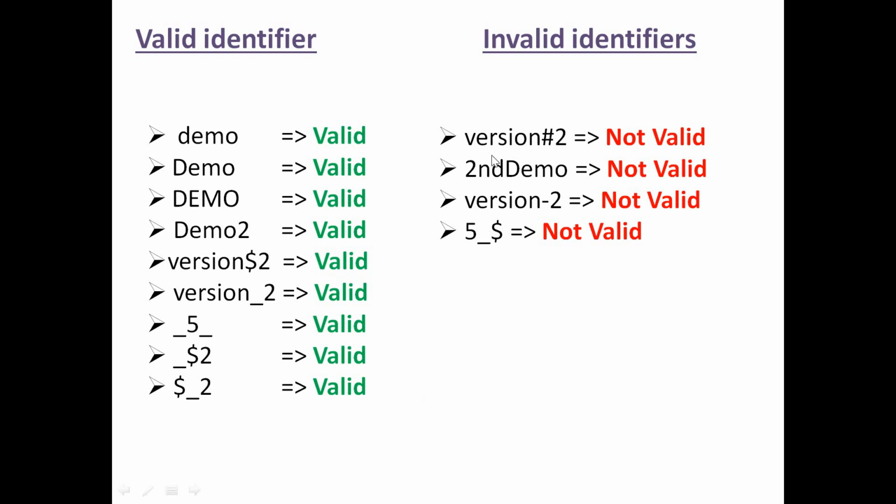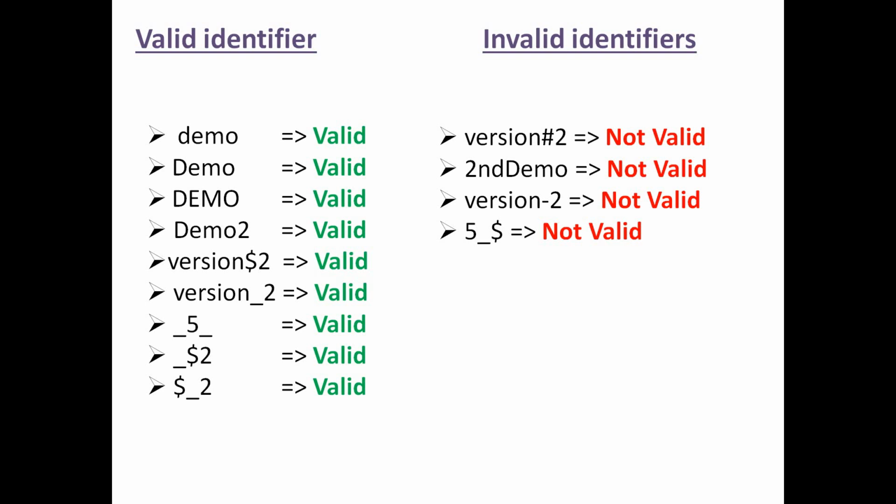So what is not valid? version#2, as we already learned, only the dollar symbol and underscore symbol are allowed. Other than dollar and underscore, if you write any special character or symbol, it will not allow and will give an error. And it should not start with a number.